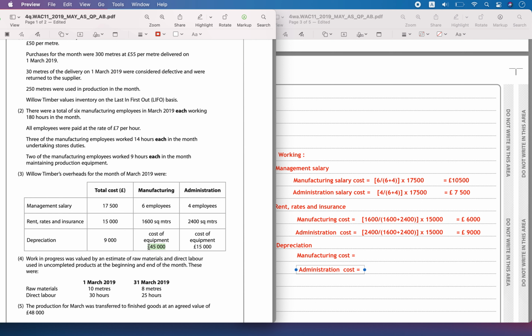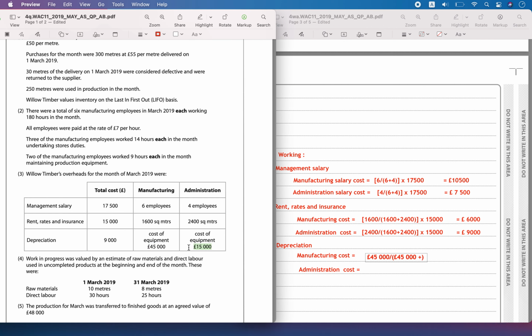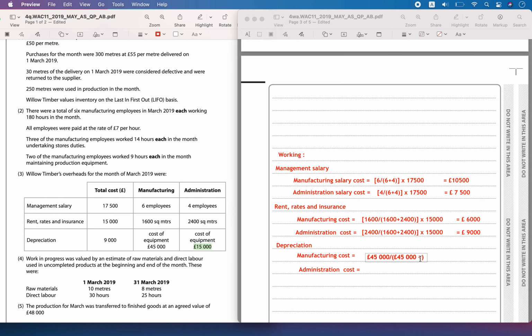Manufacturing holds 45,000 out of the total equipment cost of 45,000 plus 15,000, and the cost involved here is 9,000.